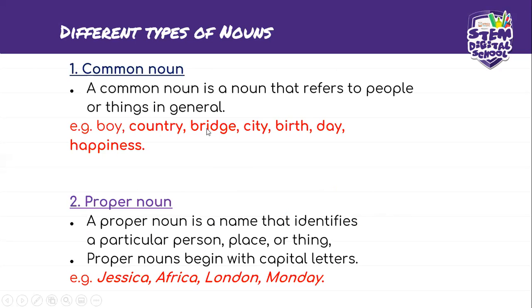Country, bridge, city, birthday, happiness, etc. You realize that common nouns are written with small letters. Did you see that all my examples here I wrote with small letters? That is how it works with common nouns.